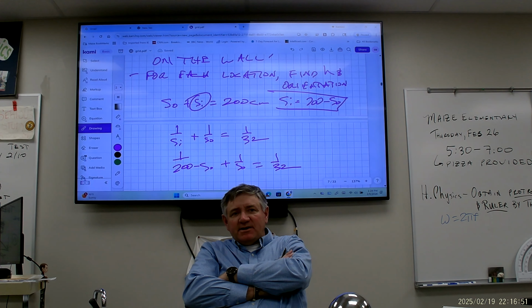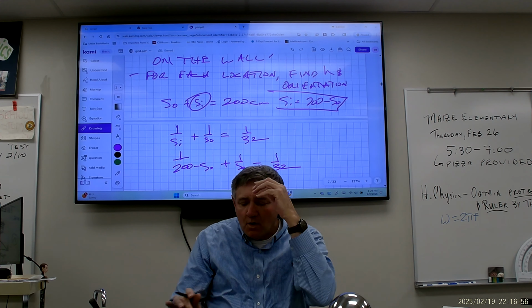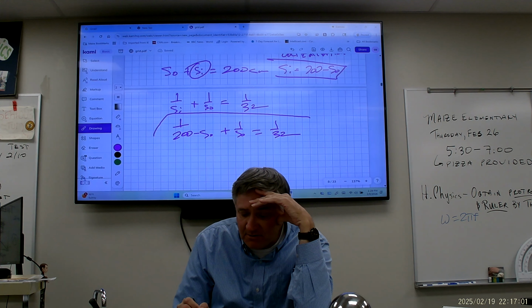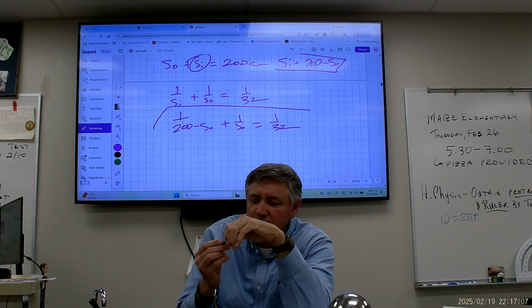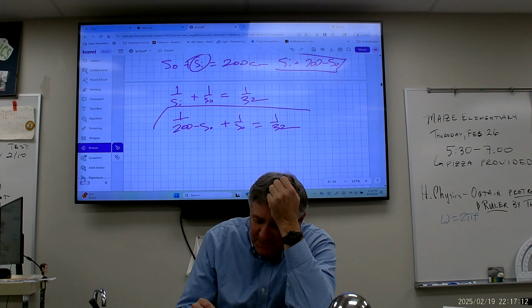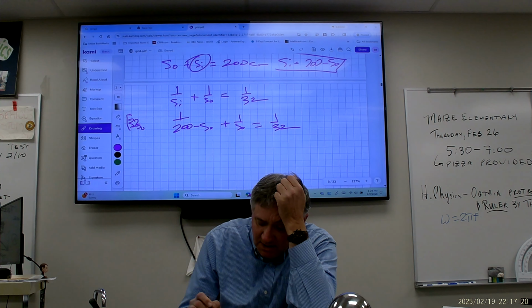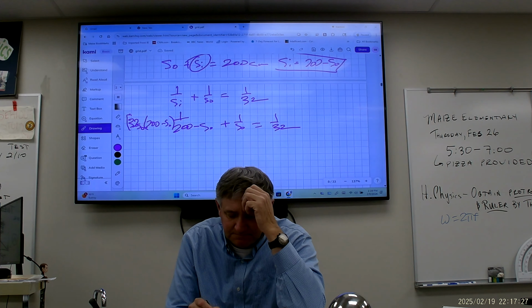But this is still a train wreck, so let's try instead to find a way of solving it. Now, what's the least common multiple of 200 minus s_o and 32? 32 times 200. Beautiful. So the least common multiple of all of these random things is, sounds like a football play, 32 s_o on 5 multiplied by 200 minus s_o, right?